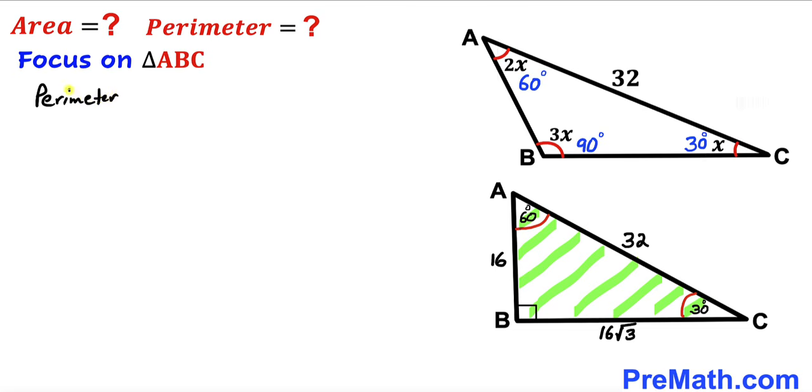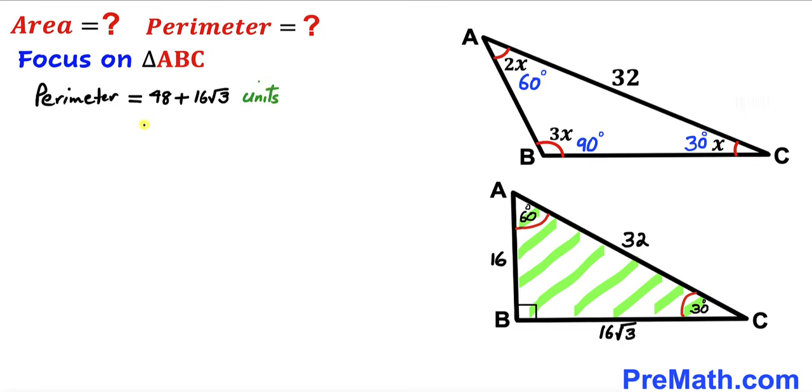That is going to be 16 plus 32 plus 16 times square root of 3. If we combine all these terms, that is going to give us 48 plus 16 times square root of 3. So the perimeter of this triangle turns out to be 48 plus 16 times square root of 3 units.